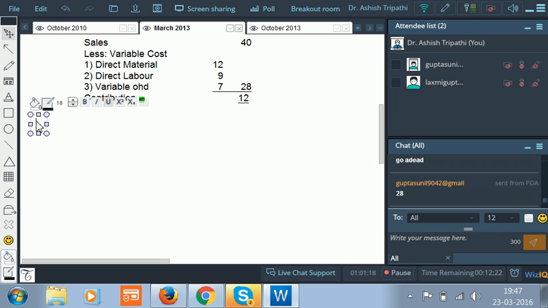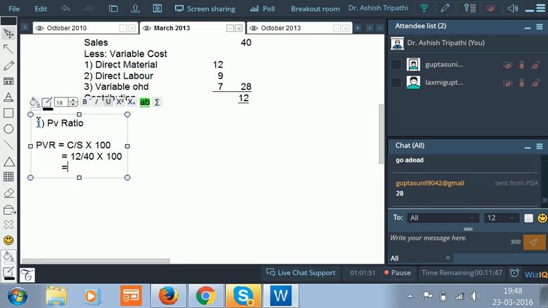Okay, so now let us calculate the first part, PV ratio. So we will give the heading PV ratio, and the formula for PV ratio is equal to contribution upon sales into 100. That is equal to, contribution is 12 upon sales is 40 into 100.